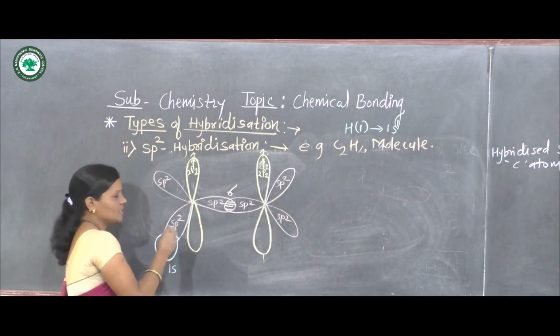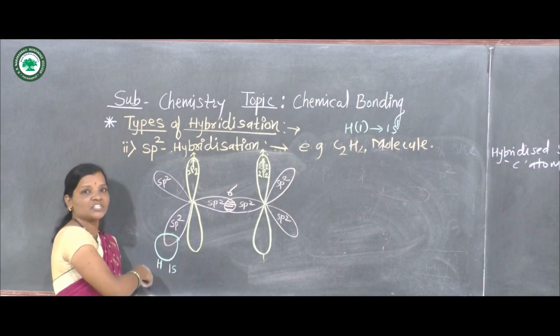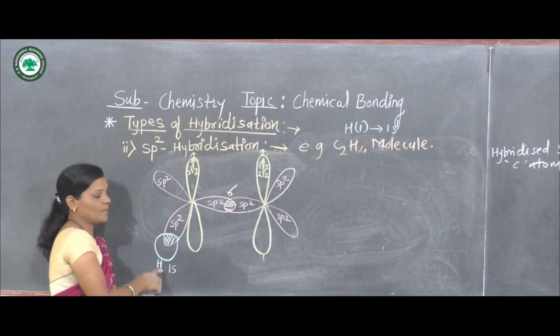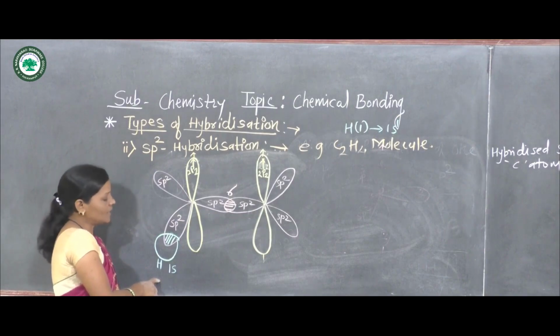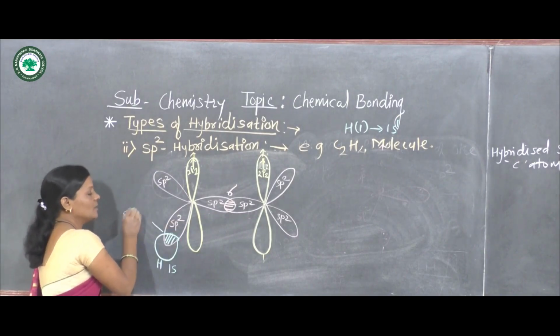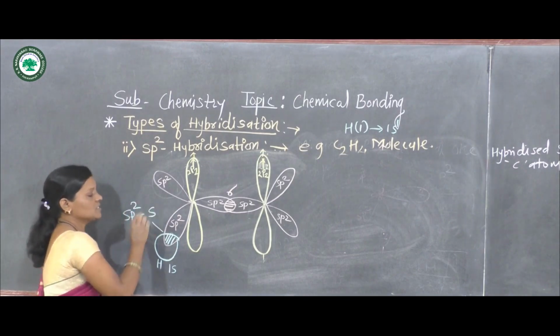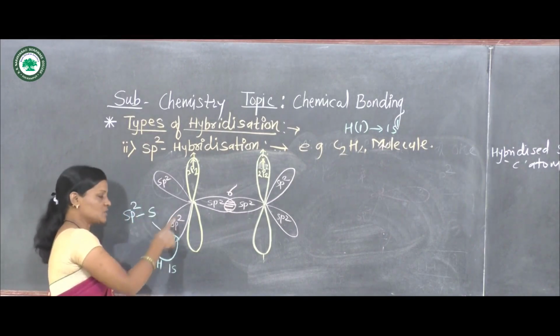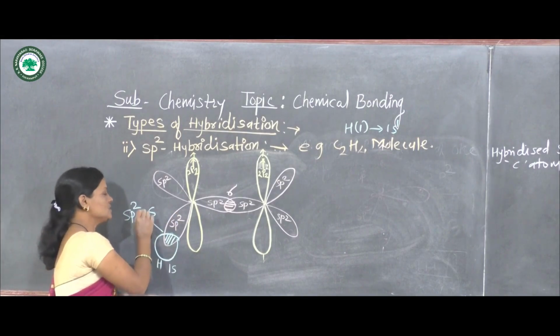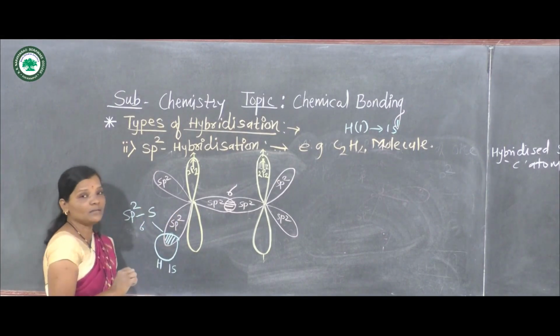Now the s orbital is spherical in shape and overlaps with the sp2 hybrid orbital of the first carbon atom, and this type of overlapping is nothing but sp2-s overlapping. This overlapping takes place axially, so the bond formed is also a sigma bond.